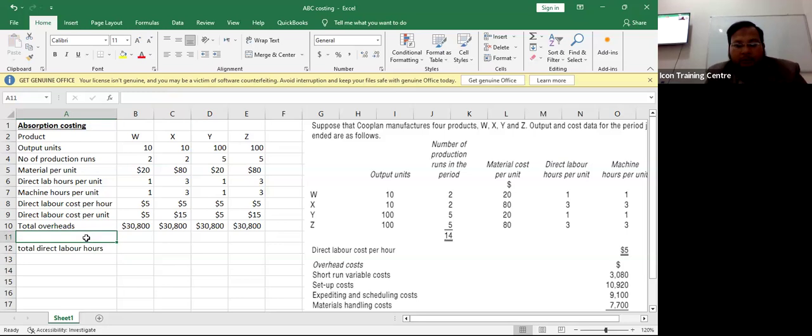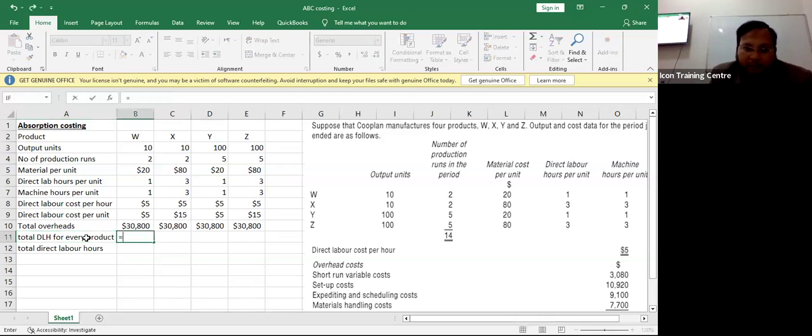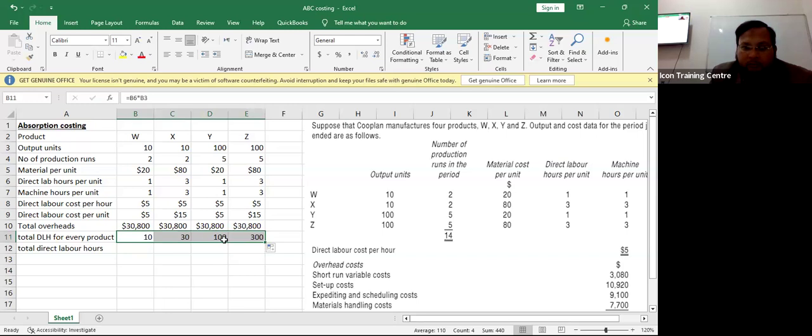Can we calculate total direct labor hours for every product? For W, 10, because it only requires 1 hour to produce 1 unit and we produce 10 units. For X 30, Y 100 and Z 300.